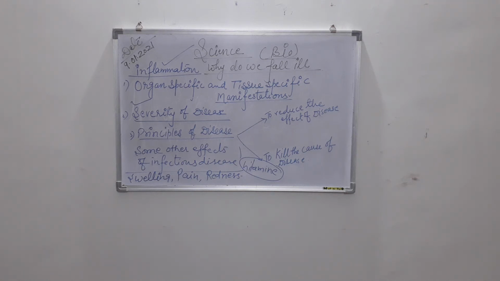So the symptoms and signs tell us which organ is targeted by the pathogen. So the first treatment which I am going to tell you, children, is achieved to reduce the symptoms. Means in this treatment the patient is given medicines and those medicines reduce the effect of that disease.